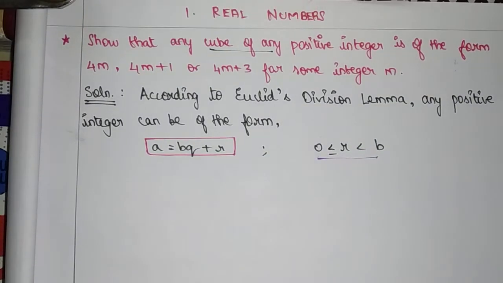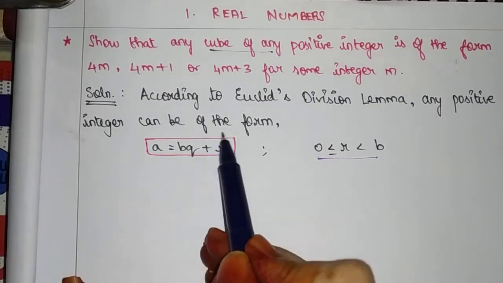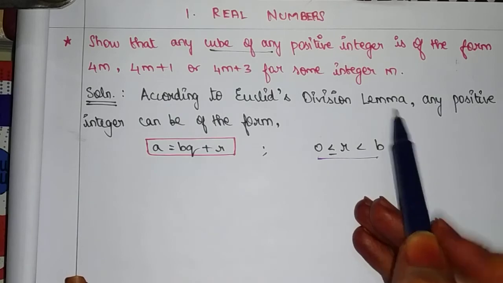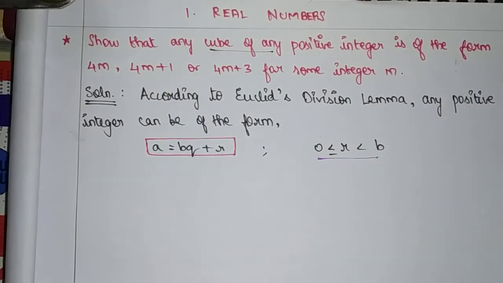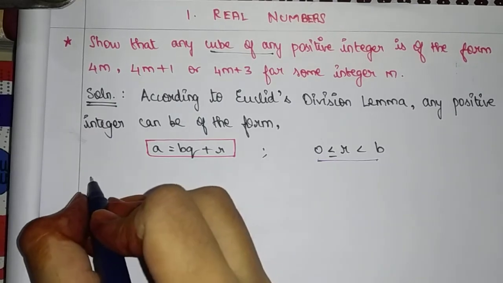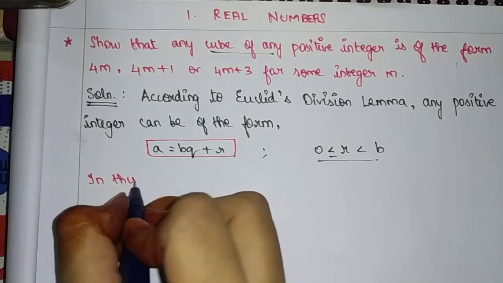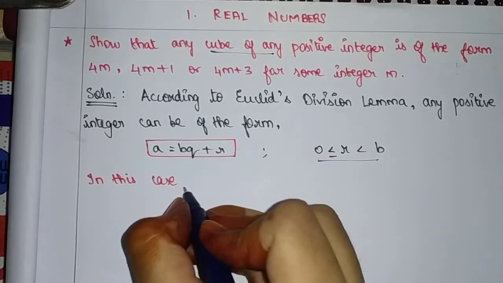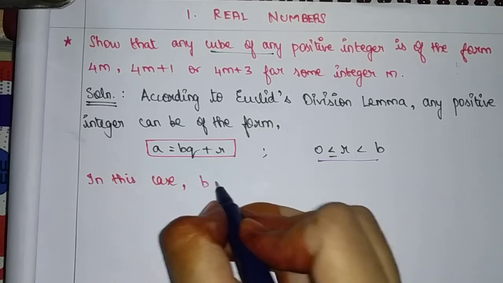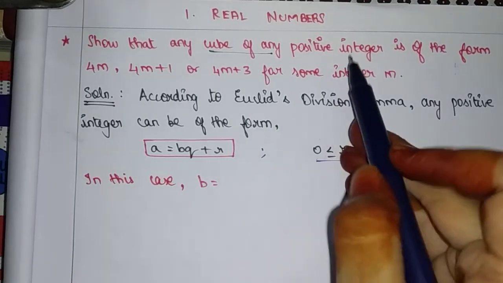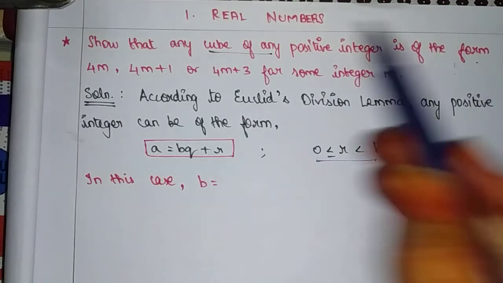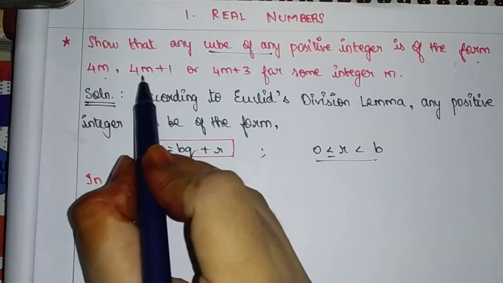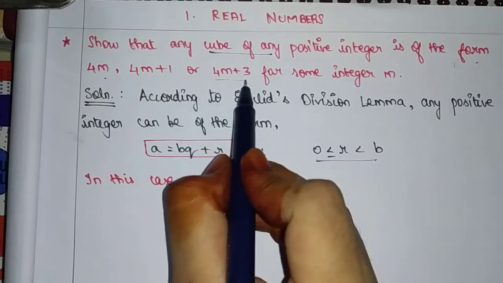Here I have already written the statement of Euclid's division lemma, as this statement carries some marks. In this case, b is equal to, see here in the question, positive integer is of the form 4m, 4m plus 1 or 4m plus 3.